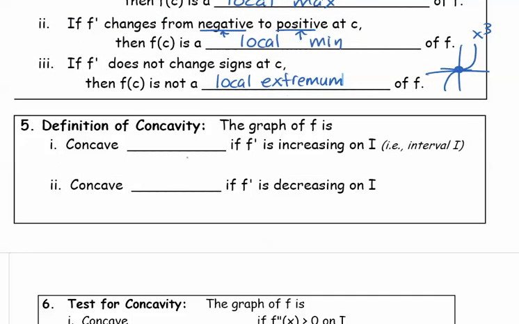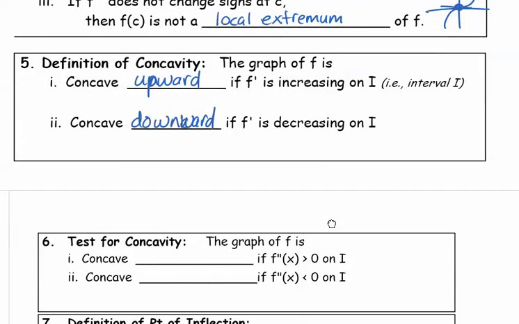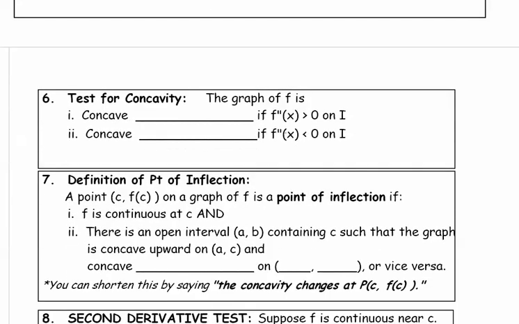For concavity, if the first derivative is increasing, then f is concave upward, and if f prime is decreasing, then the original graph is concave downward, and that is equivalent to thinking about the second derivative. If the second derivative is positive, then it is concave upward, and if the second derivative is negative, then it is concave downward.